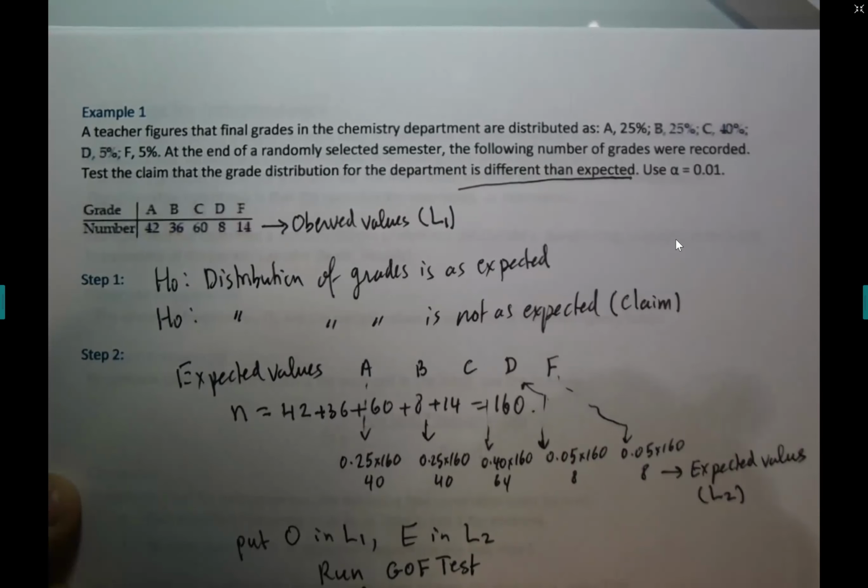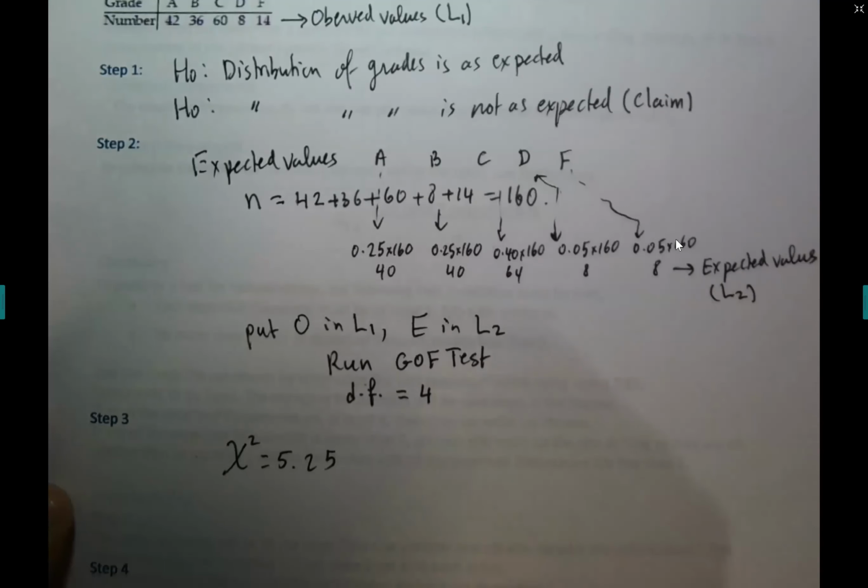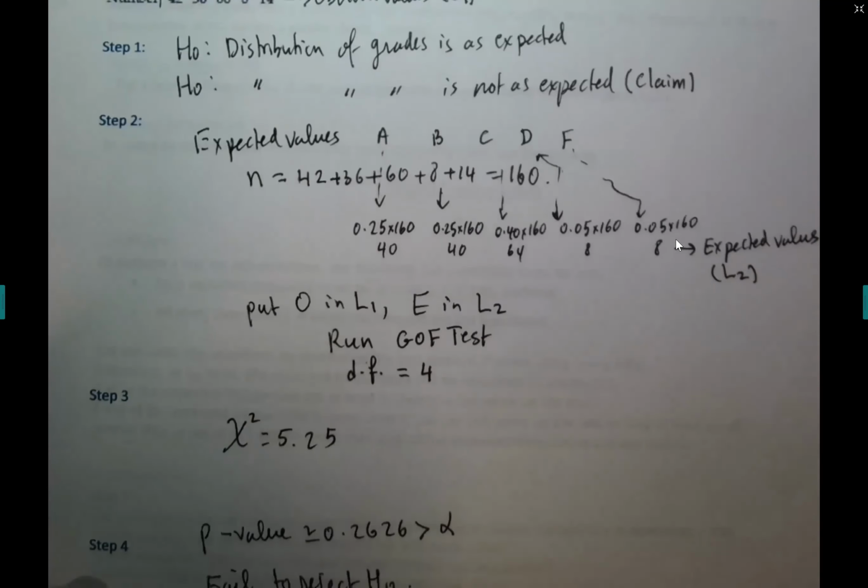Degrees of freedom equals 4. So chi-square is 5.25. There you go. And p-value, guys, is 0.2626, which is bigger than alpha. So we fail to reject H0.